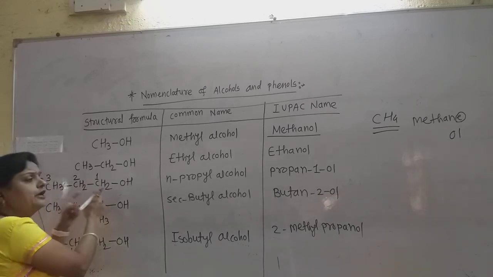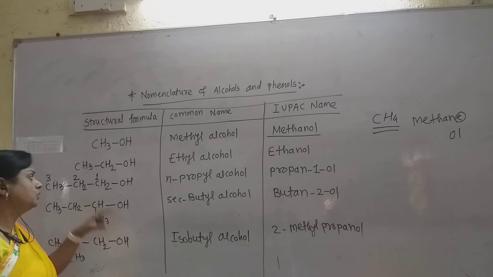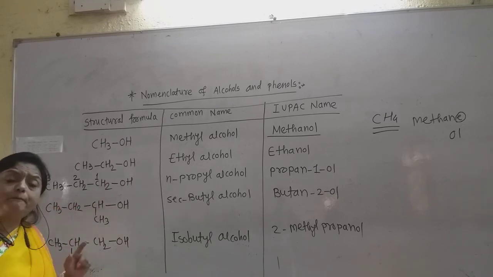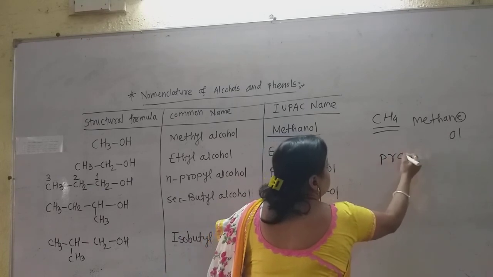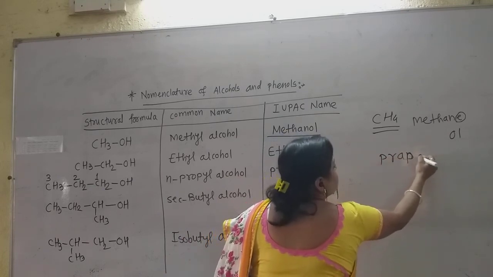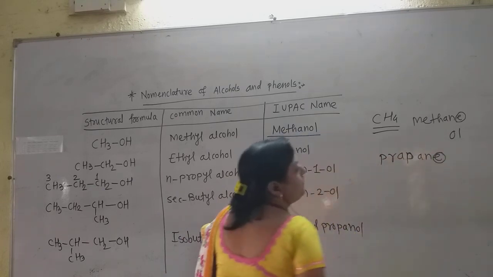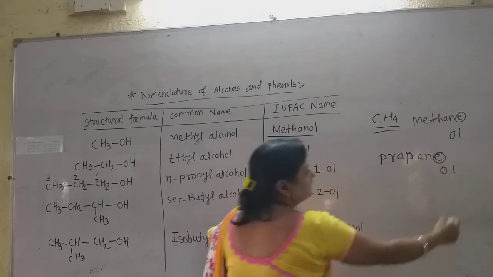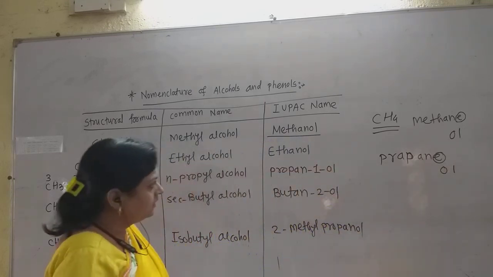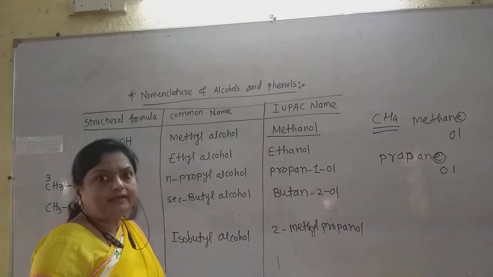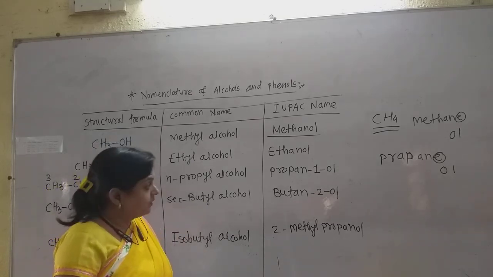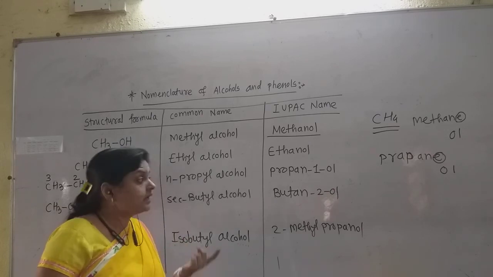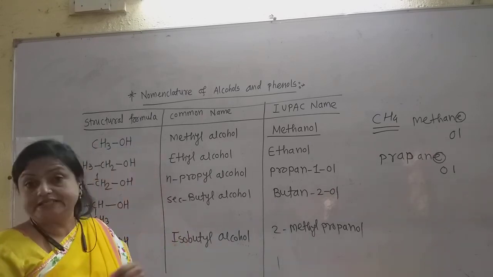So how is the IUPAC name given? Now there are 3 carbon atoms, so the parent alkane is propane. So replace the E of propane by OL, and for the propane name, first write the number at which the OH group is attached.